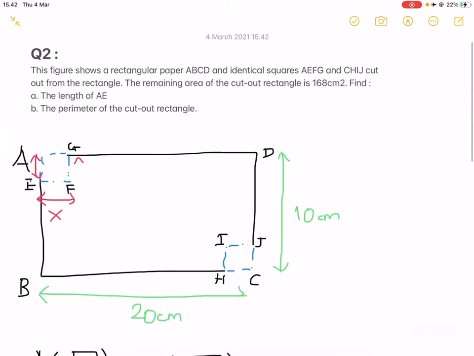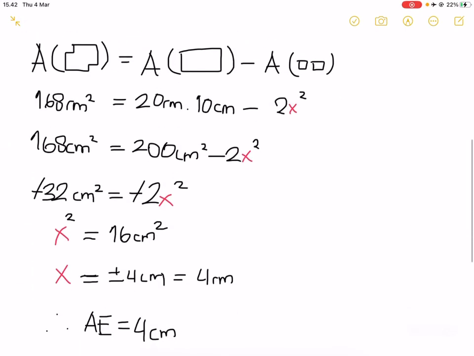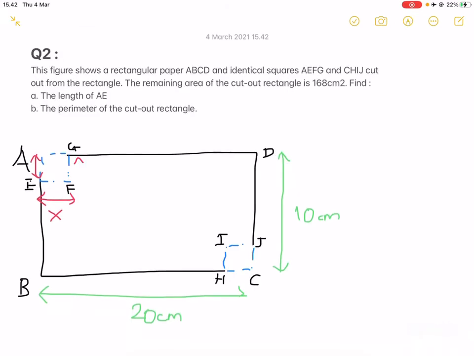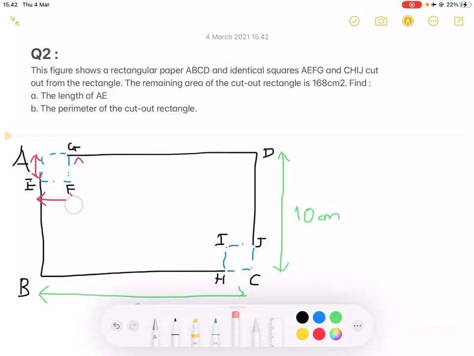Alright. I'm just going to clear out some space right here. For part B, we need to find the perimeter of the cutout rectangle. We've just shown that the length of each square is 4 centimeters. With this, we can find each line segment that makes out the whole rectangle.